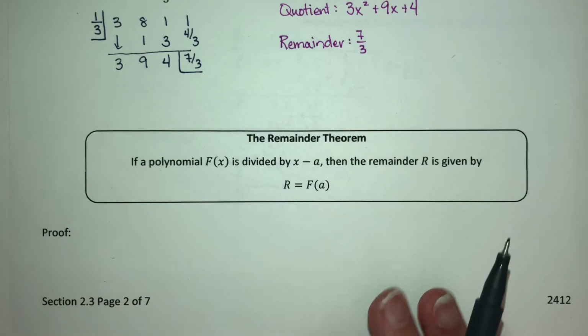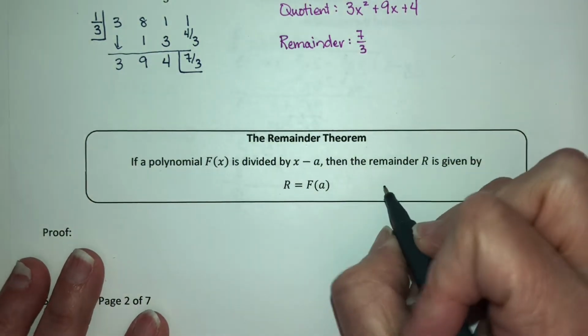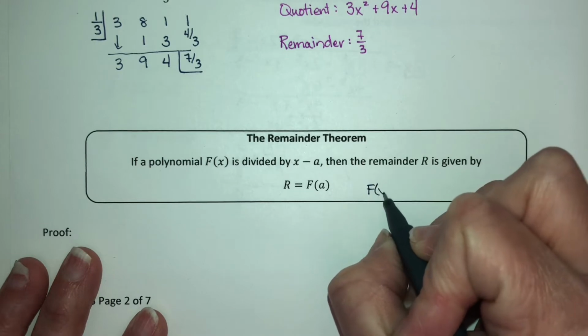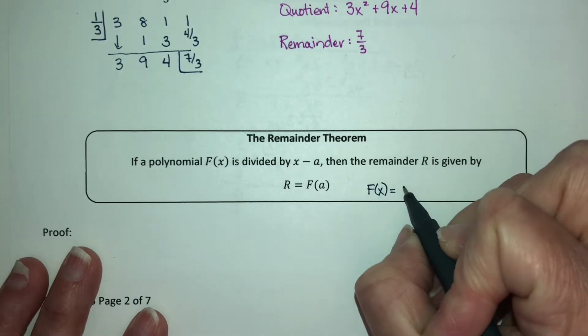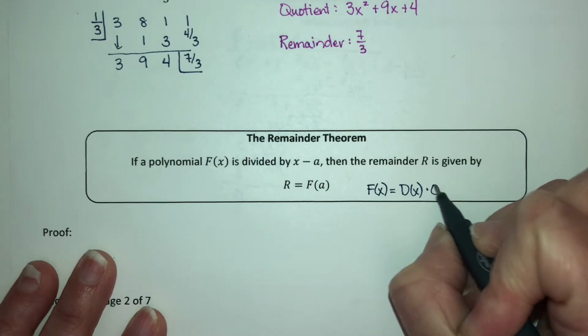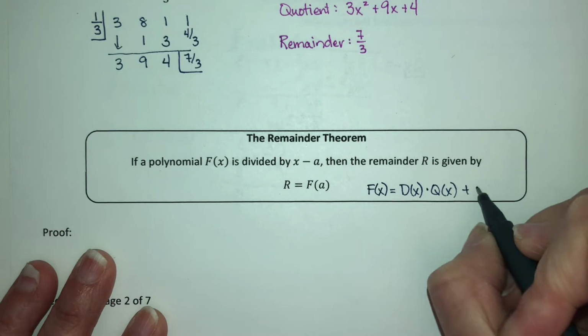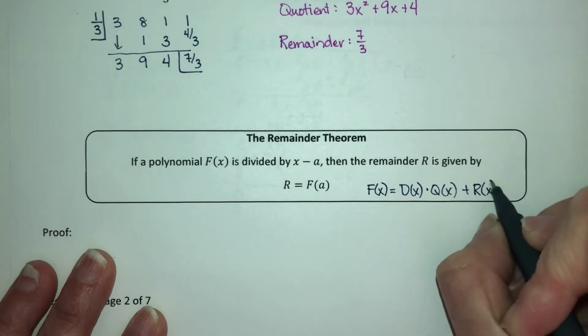Now, if you look back on the first page of these notes, we had this formula, f of x is equal to d of x times q of x plus r of x.